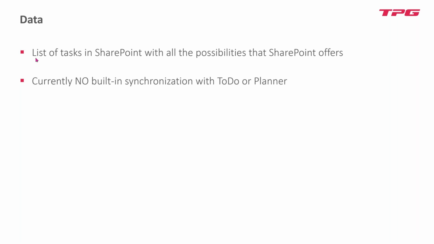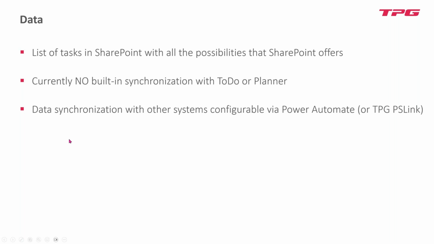Look for a new view and create your board view, and be happy if you can stay without the synchronization with others, or go to Power Automate and do your own synchronization with To Do or Planner or others, or what customers do for a long while, combining SharePoint with Microsoft Project Online or whatever, with TPG PS Link, which is a product of TPG, to build bigger things, maybe not for your personal use, but for enterprise use cases.